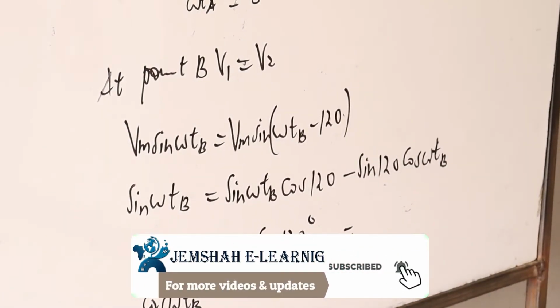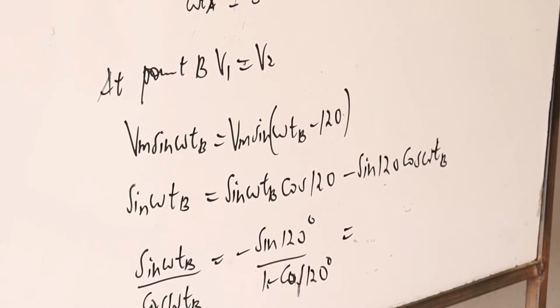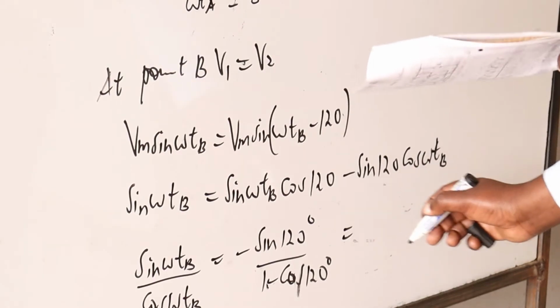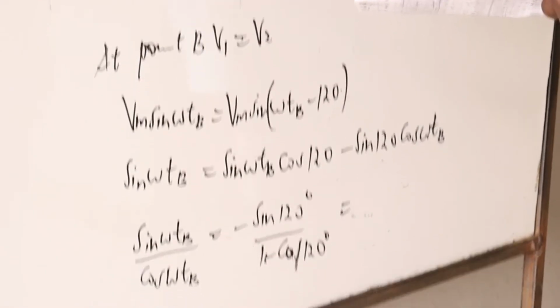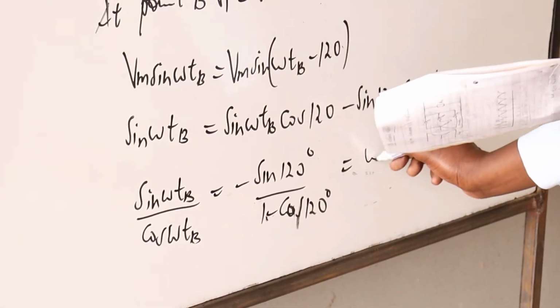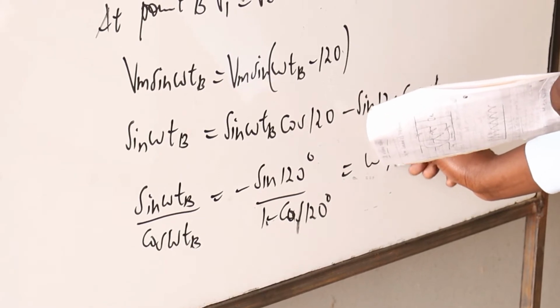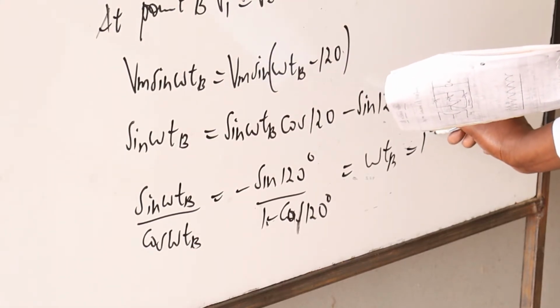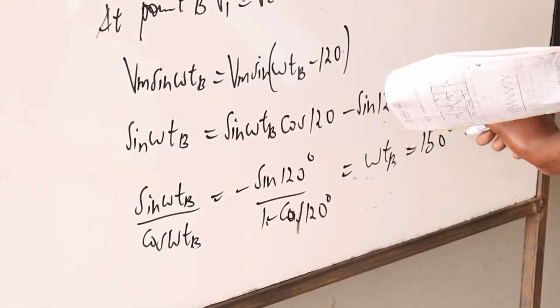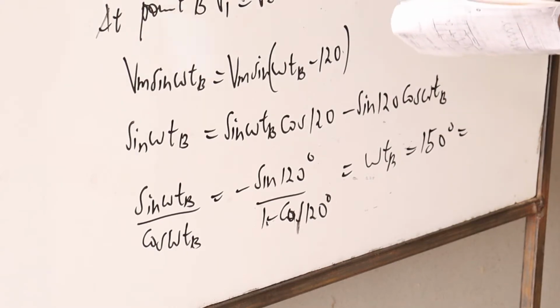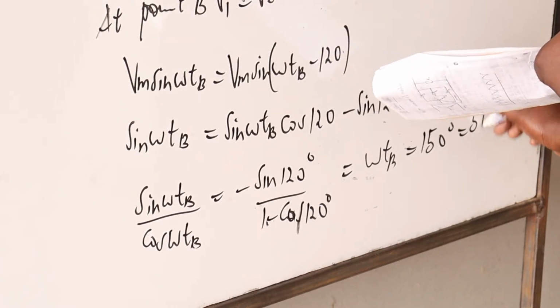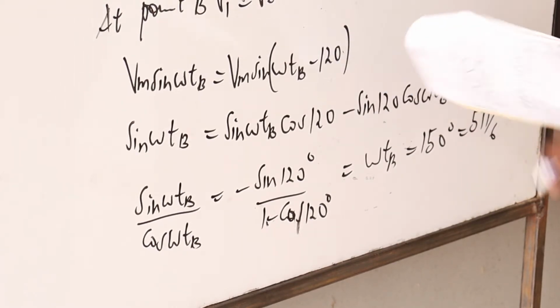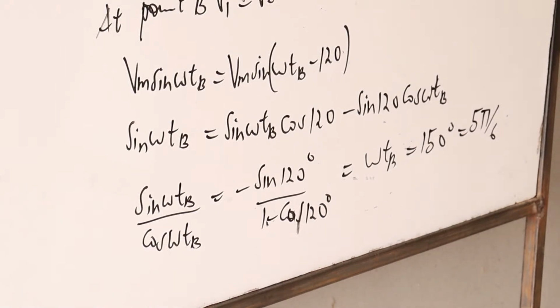So if we simplify this, we shall get the angle, that is the tan inverse. So omega t at point B will be 150 degrees, which is 5 pi over 6.